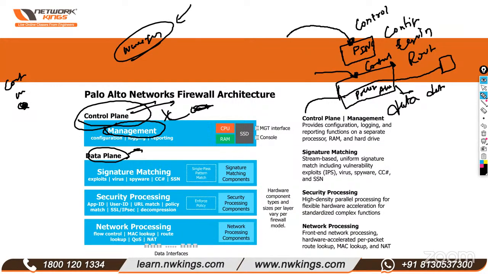So that's why I was confused about telnetting to the hardware, I mean Palo Alto, whether it will come in data plane or control plane, because by default it should not be allowed even to do SSH to the firewall, right? Yes.